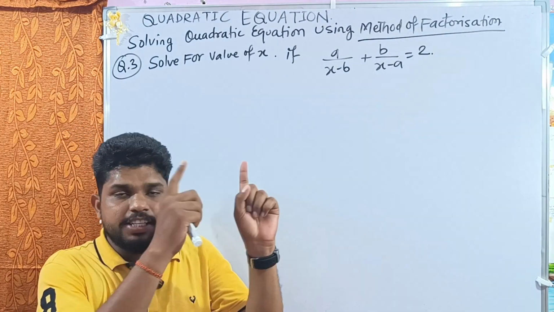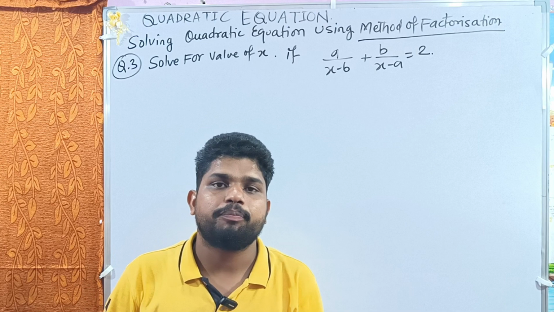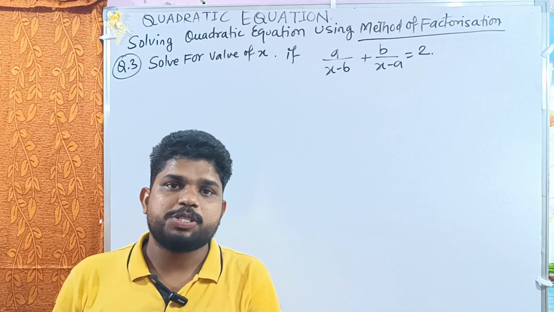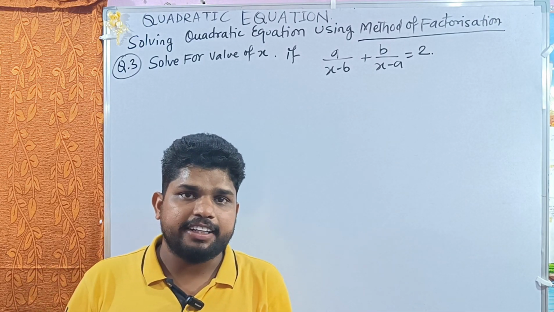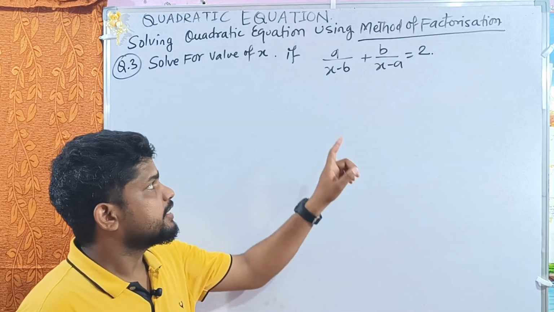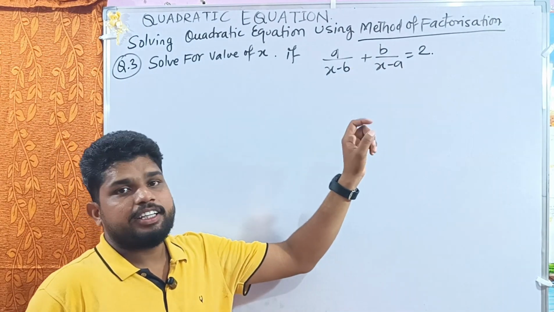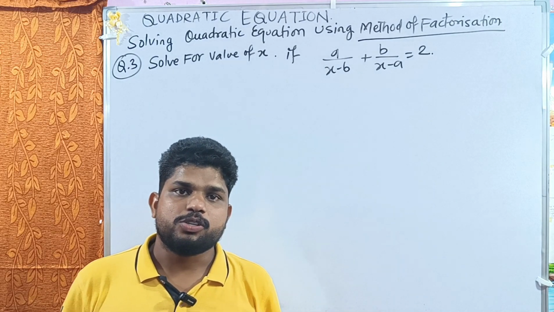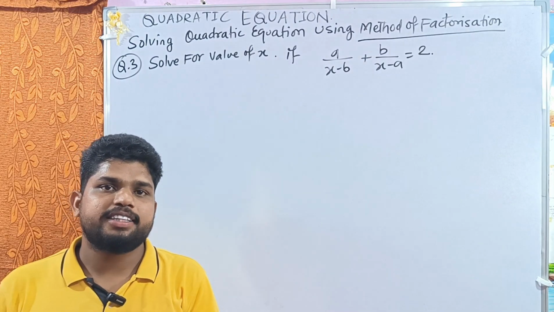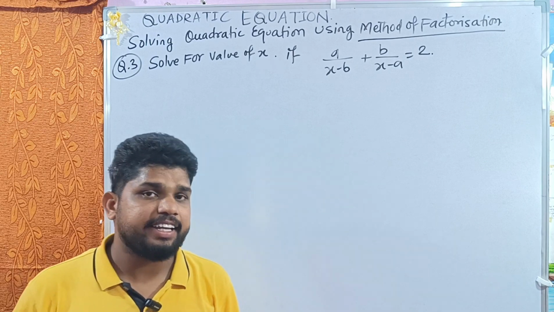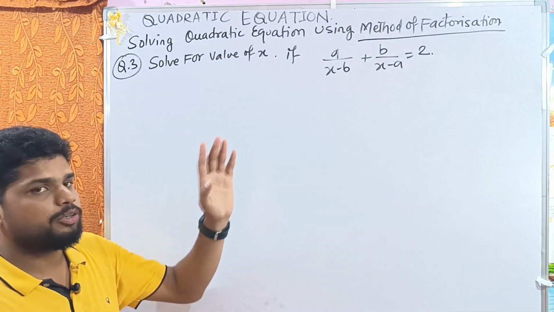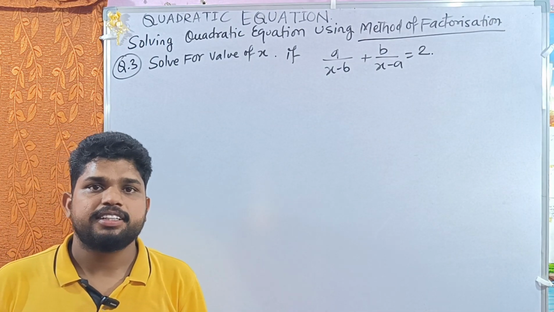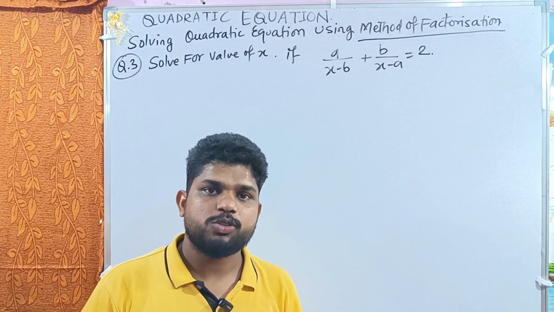Dear students, this question requires both the method of splitting as well as algebraic identity to express this quadratic equation to get the value of x. So I request you all to either pause the video and try solving this question on your own, otherwise just see how I am solving.